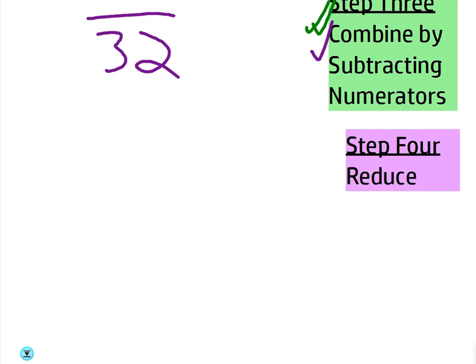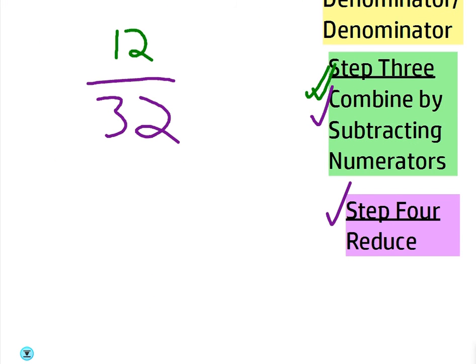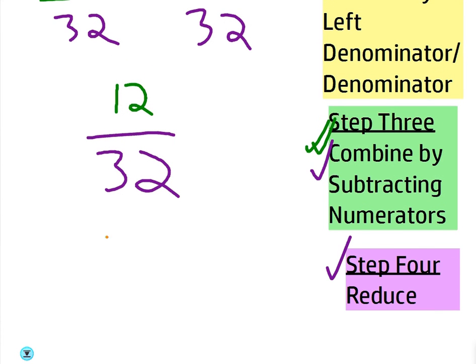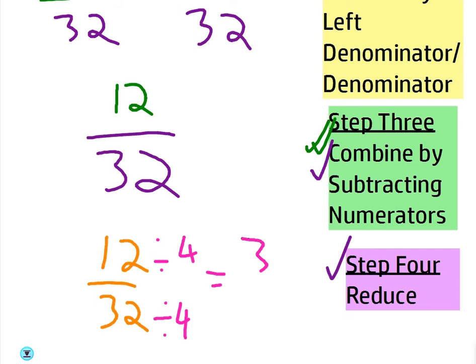Step 4, just like before, reduce. What goes into both 12 and 32? The biggest number. 12 doesn't go into 32. 6 could. 4. 6 cannot because it doesn't go into 32. So we're going to divide top and bottom by 4, and we get 3 over 8.